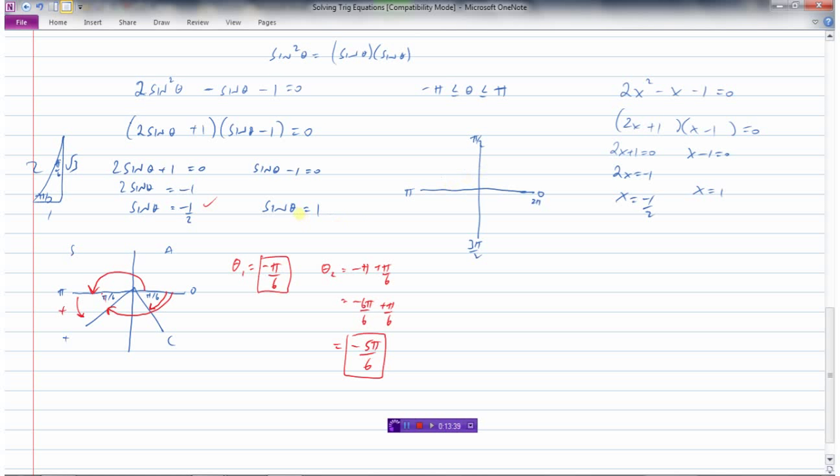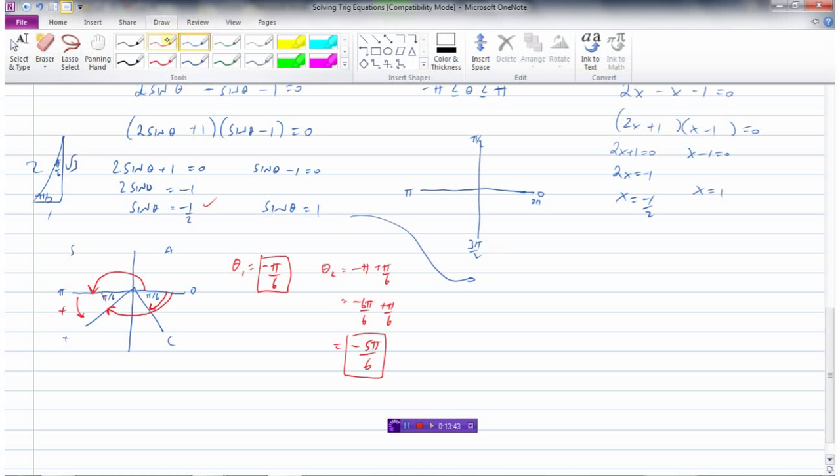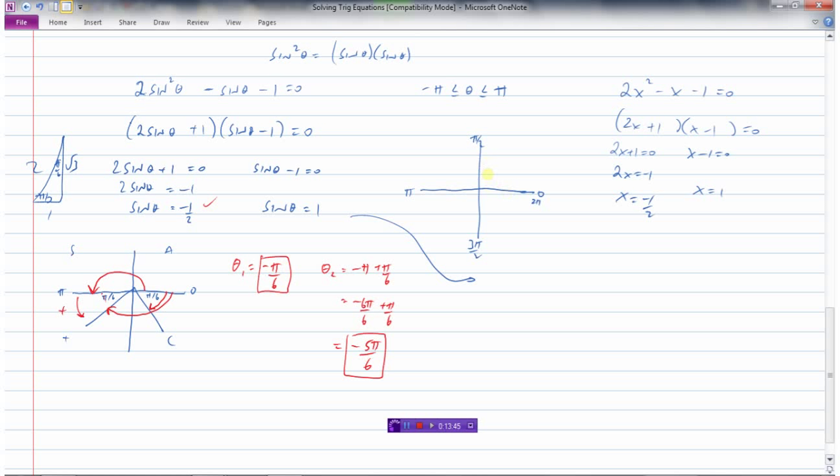So we know that sine theta equals 1 when we have an angle theta equal to pi over 2. So sine theta equals 1 when theta is equal to pi over 2, which is right here.